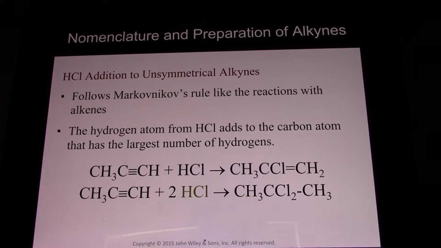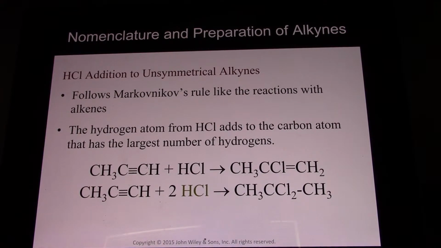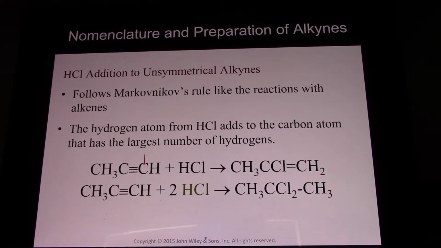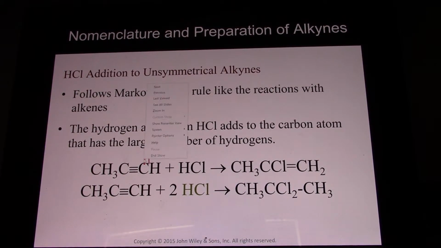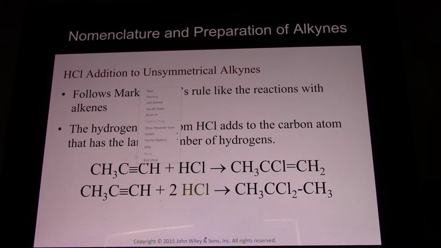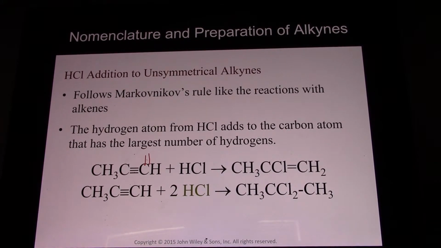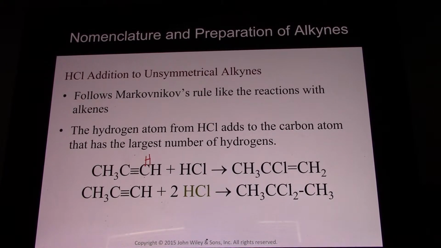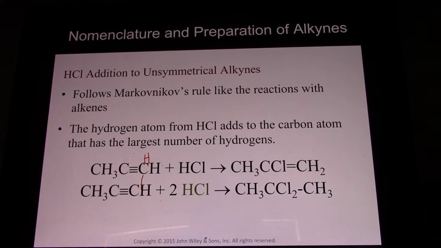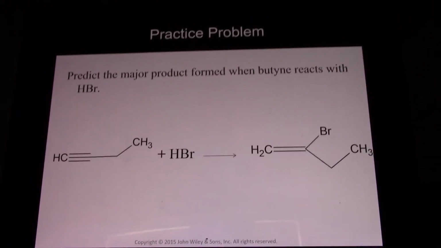And again, we cover Markovnikov's rule again. This carbon got the first hydrogen because it had more hydrogens. It's forming a more stable secondary carbocation as opposed to a primary carbocation. And then the same thing happens again. And so one carbon gets both of the hydrogens, one carbon gets both of the chlorines, because it's forming the more stable secondary carbocation as opposed to a primary carbocation.